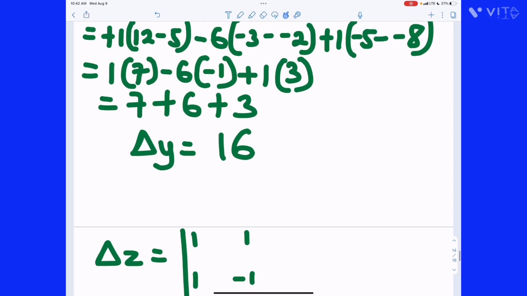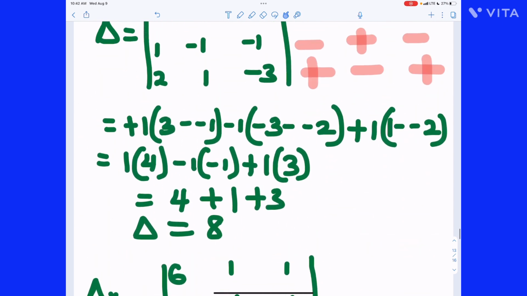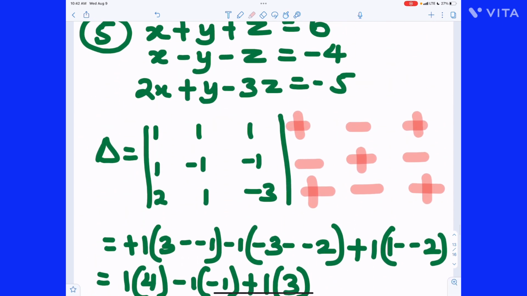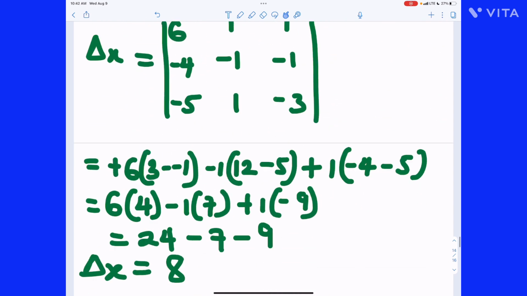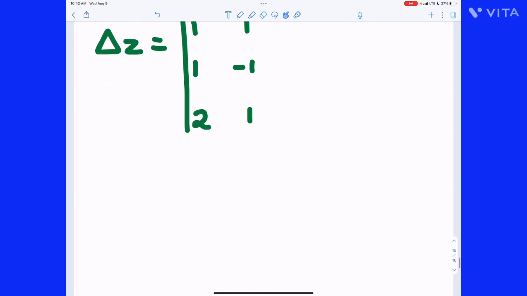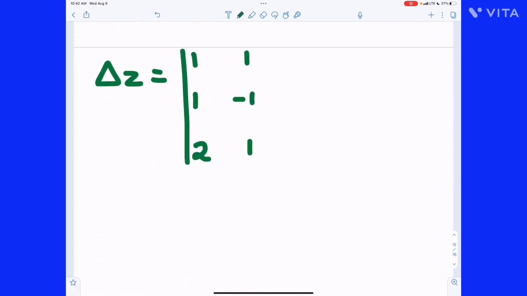But instead of writing the coefficients of z, which ought to be 1, minus 1, minus 3, I'll replace those with 6, minus 4, minus 5, because I'm looking for delta z.